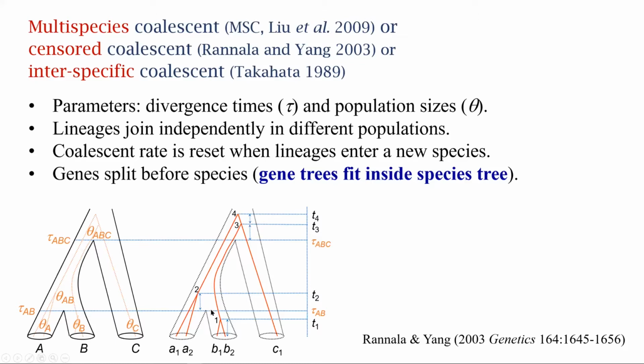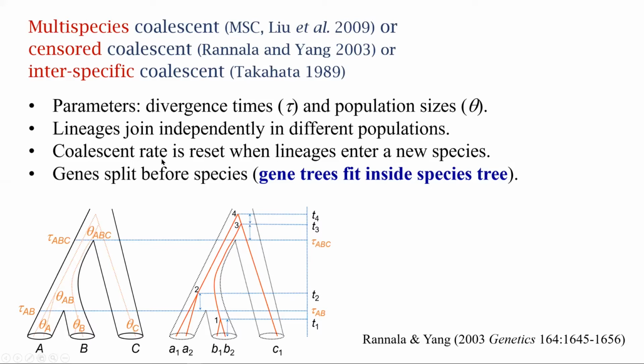In my particular example, I have one coalescent in population B, and then this one sequence goes into AB. No coalescent in A, so both go into AB. So initially three sequences go into AB, so they will coalesce. There's one coalescent event, and so on. So lineages join independently in different populations.